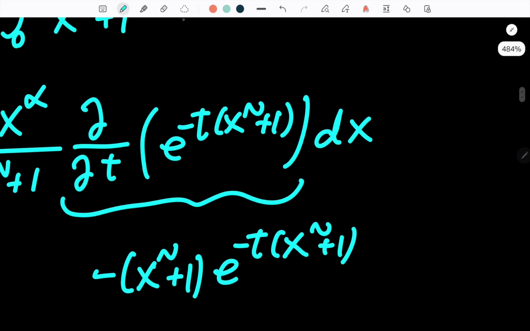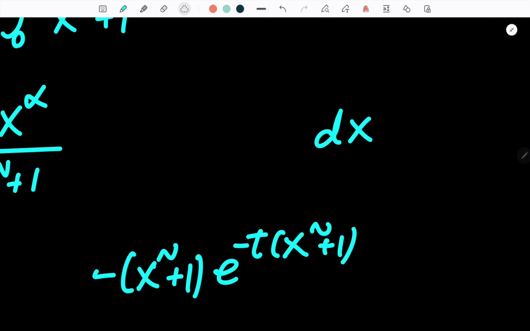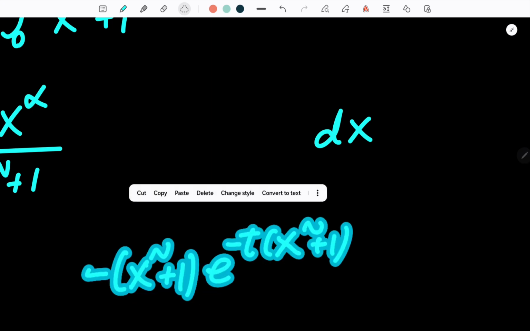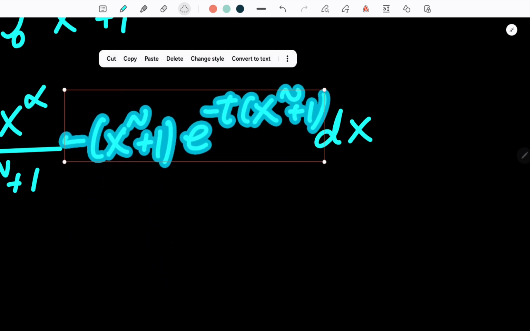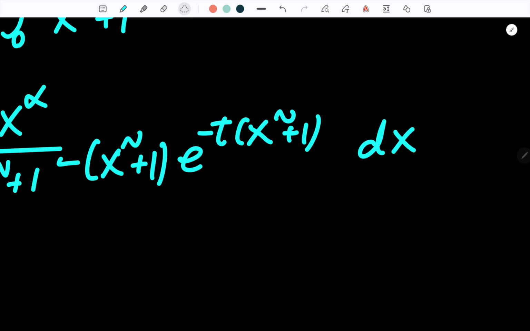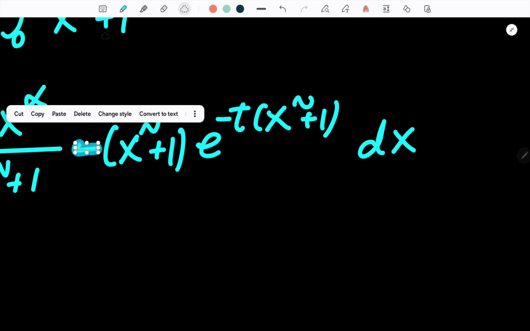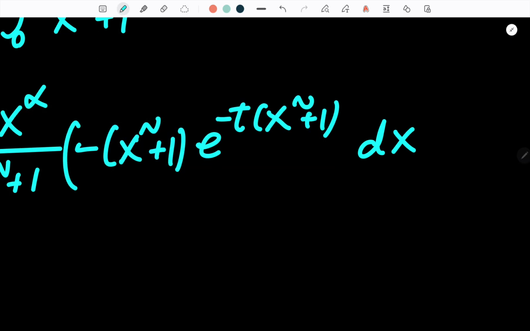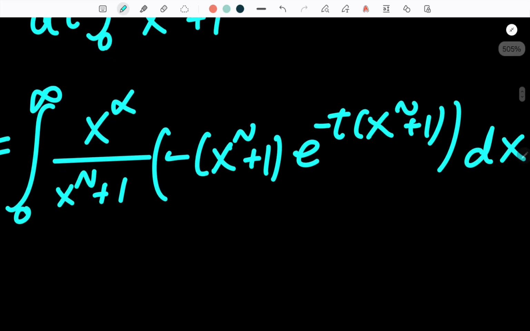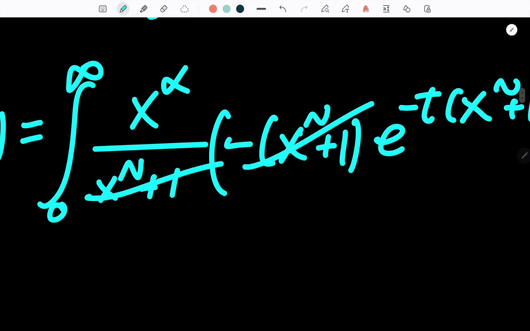Now, let's replace this inside of our integrand. Okay. Now, this looks a bit weird. Let me go ahead and move this over and then put parentheses. There we go. And of course, this term and this term will cancel, and we'll have a negative sign outside.